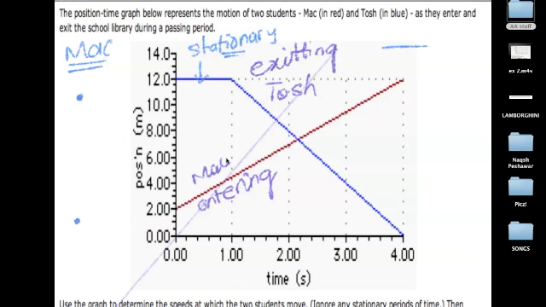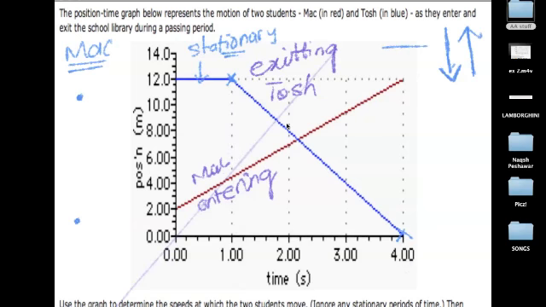If it's a negative gradient, it means the student is coming towards O, and if it's a positive gradient, the student will be moving away from O, because these two always mean opposite things. Here we know it's a negative gradient because the line is going from top to bottom.